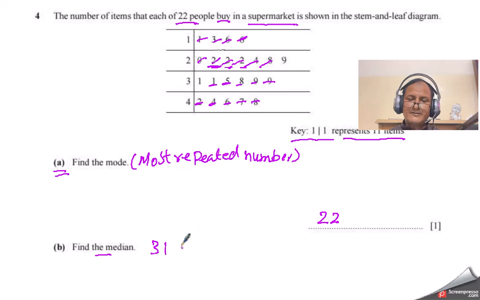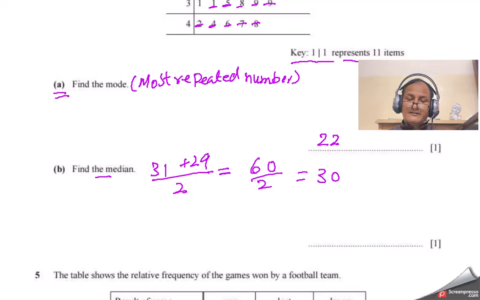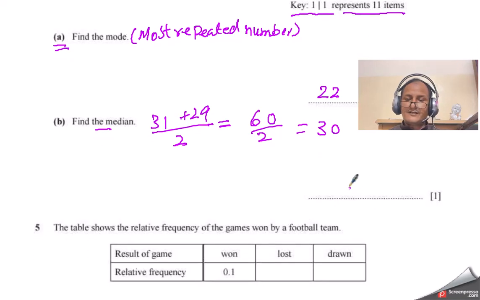The 11th and 12th position numbers are 29 and 31, and we're supposed to find the mean of these two numbers, which is 60 by 2, giving us 30. The median of this data is 30. It is a 1 mark question, so we write 30 in the answer space.